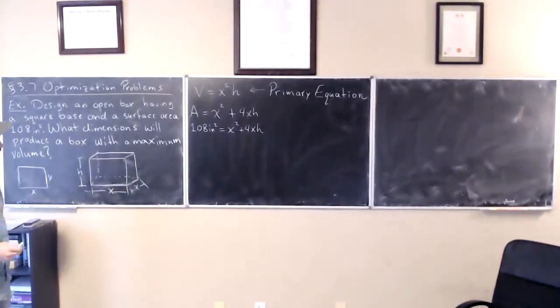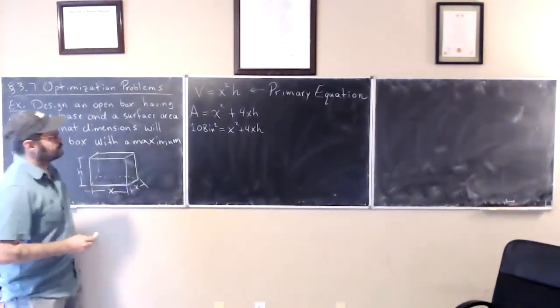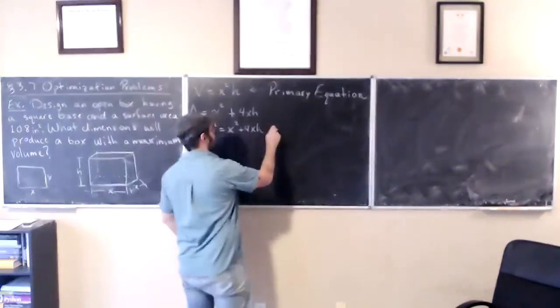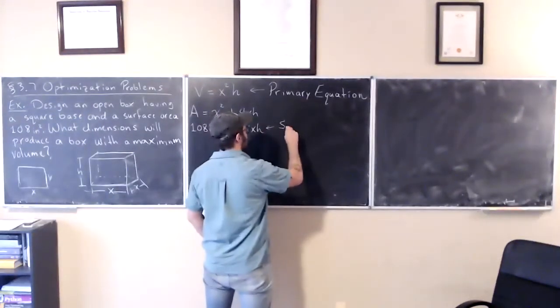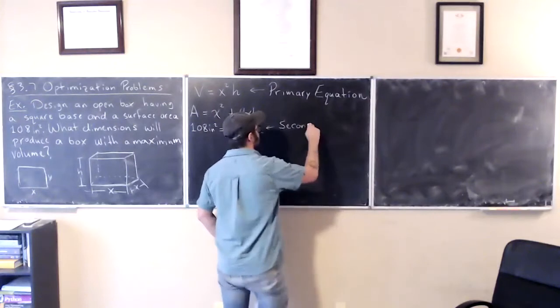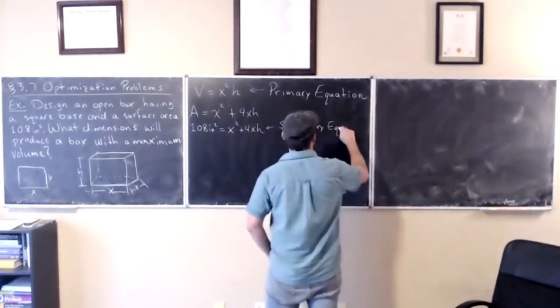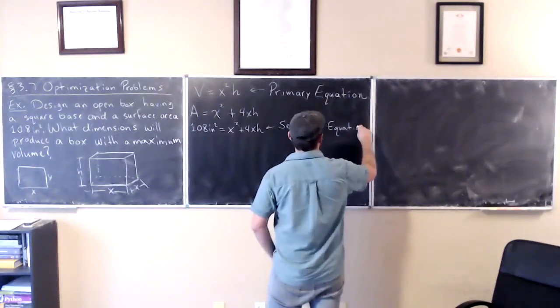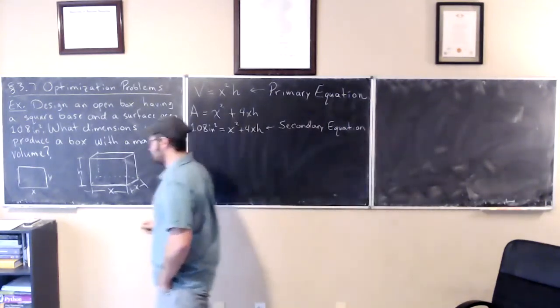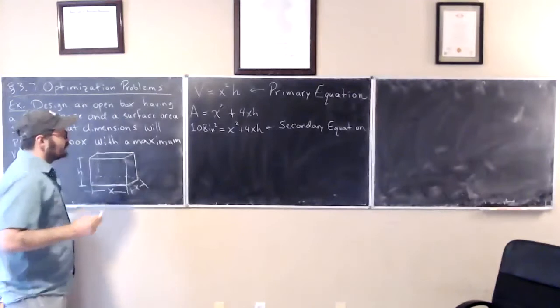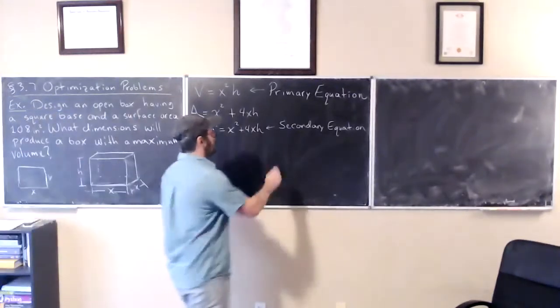Okay. So your textbook refers to this as the secondary equation. But I would also call this a constraint.